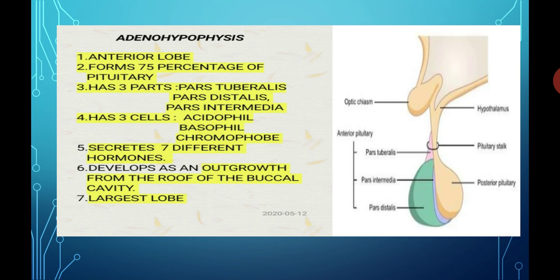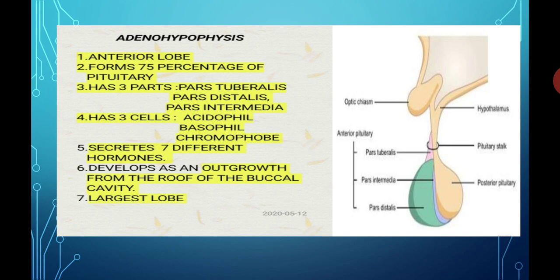Point number 5, histologically, this lobe is made up of three types of cells: acidophils, basophils and chromophobes. Point number 6, it secretes seven different hormones. And the last point, it develops as an outgrowth from the roof of the buccal cavity.